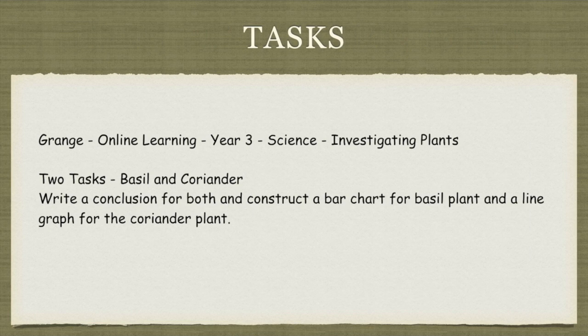So once again, you can go to Grange Online Learning, Year 3, Science, Investigating Plants. And you have 2 tasks. And the 2 tasks involve the data we used for basil and coriander. So you have to write a conclusion for both and construct a bar chart for a basil plant and a line graph for the coriander plant.